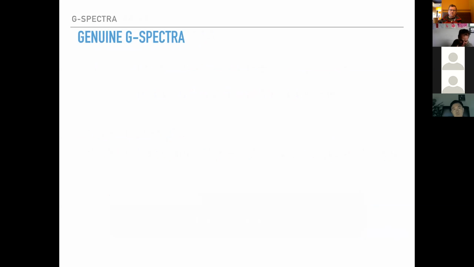Now we're going to shift gears and look at the equivariant situation. So I'm going to be looking at genuine G-spectra. It's constructed by Lewis, May, and Steinberger, but we're going to give it a somewhat more modern flair. So we'll let G be a finite group. From now on, G is a finite group. Before it was a finite group too, it's just a trivial group.